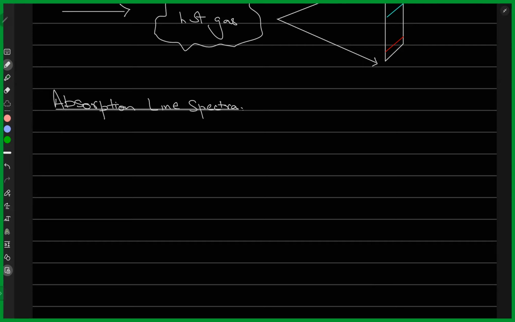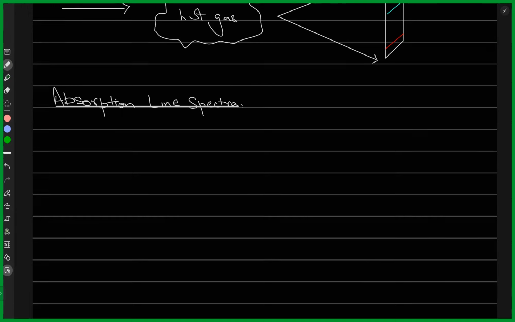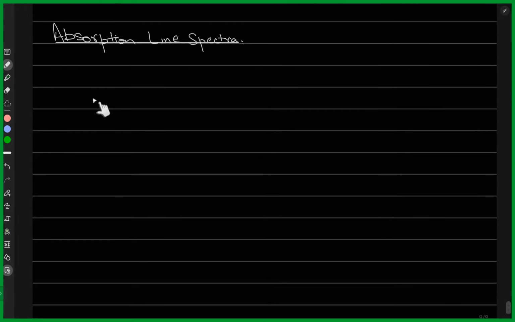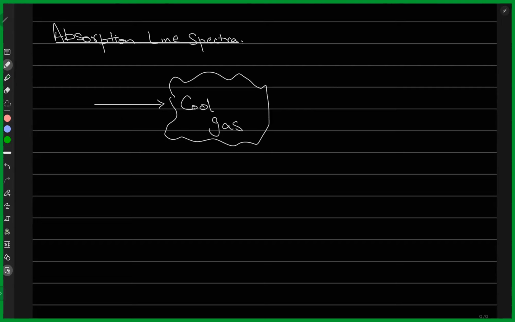Okay, so in an absorption line spectra, you again have a light. You throw it this time through a cold gas. So this gas is cold. You throw it through a cooled cloud of gas, and on your screen you see some colors being formed.